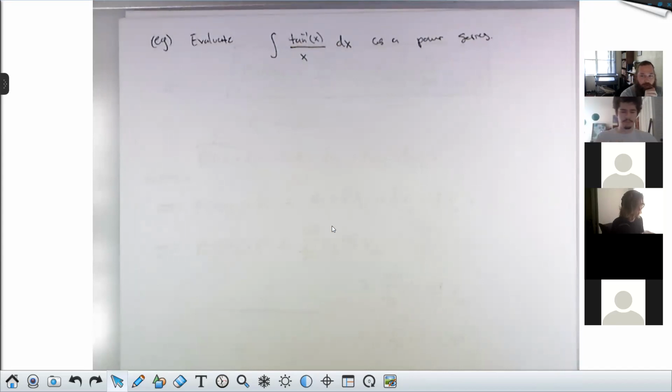None of the methods we learned at the beginning of the semester, indeed no elementary methods at all, exist which will allow you to evaluate this integral. But if we can rewrite the inside as a power series, then we can integrate that as a series. Your answer is going to be a power series, but that's okay.